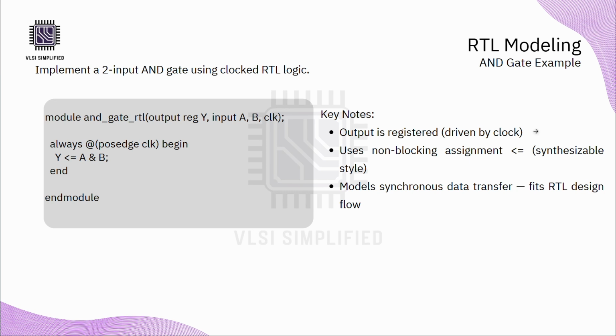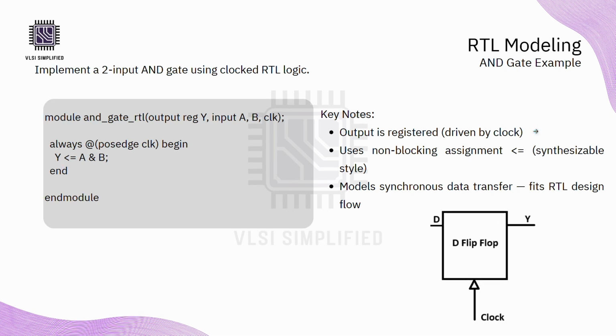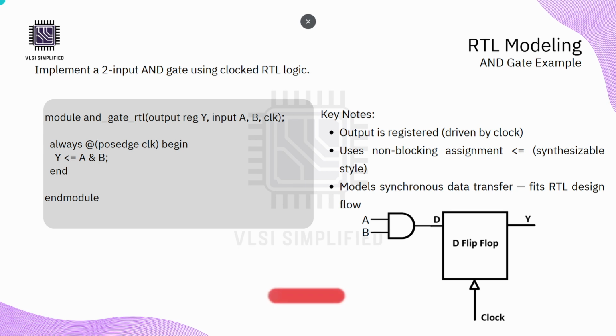Instead, we are saying on the next clock edge, assign the AND of A and B to the output Y. This is exactly the kind of logic that gets synthesized into flip-flops and combinational gates during RTL synthesis. It is simple, structured and hardware ready. That's what makes RTL modeling so important.